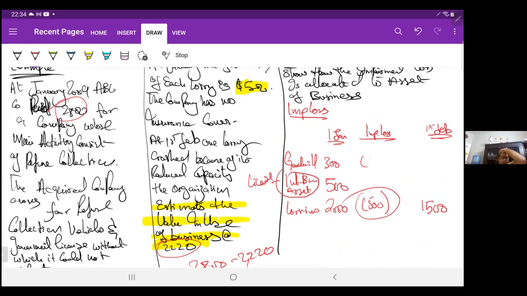If it would have been more, then goodwill would be reduced to 0. But at this moment, we have 80 left, so we'll be deducting it from goodwill only, and the carrying value of the goodwill at 1st Feb will be 220. License value will be exactly 500. I hope you get it till here.